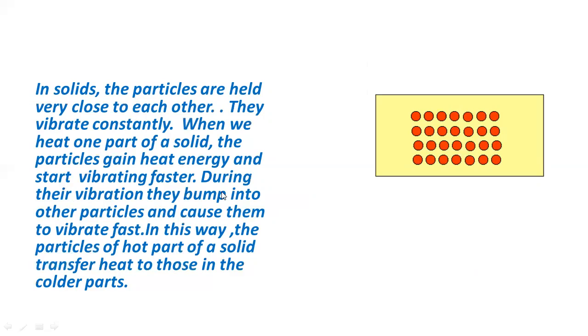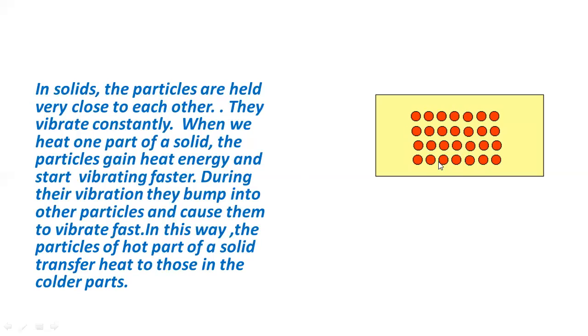During their vibration, they bump into other particles, and by collision they transfer their energy to the other particles and cause them to vibrate faster. In this way, the particles of the hot part of a solid transfer heat to those in the colder part.